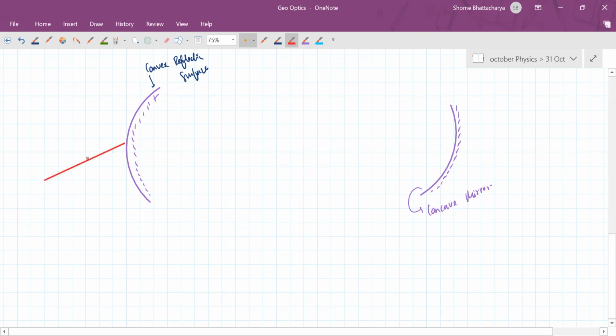then what we do is at the point of incidence P, we draw normal by joining it with the center of curvature. So this line here becomes our normal.